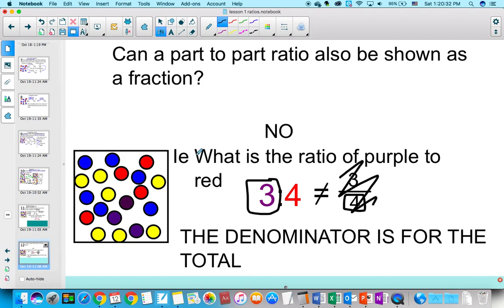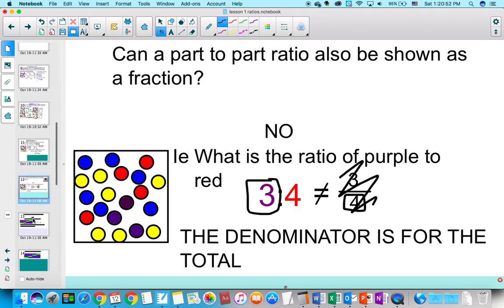And so a little bit of that work is done for you, and you know that you can do that. But if it doesn't say turn the ratio into a fraction, odds are you're dealing with a part-to-part ratio, or you're dealing with a part-to-whole ratio that doesn't want a fraction anyways. So don't turn your ratios into fractions unless it asks you to, and then you'll be safe.